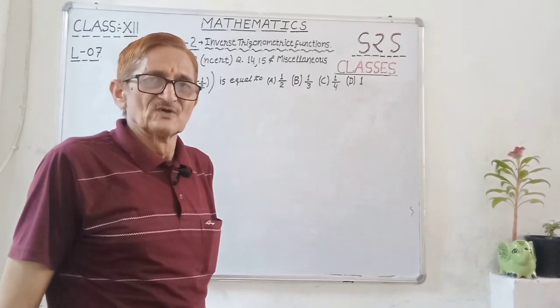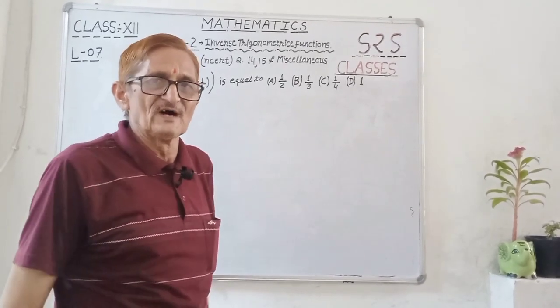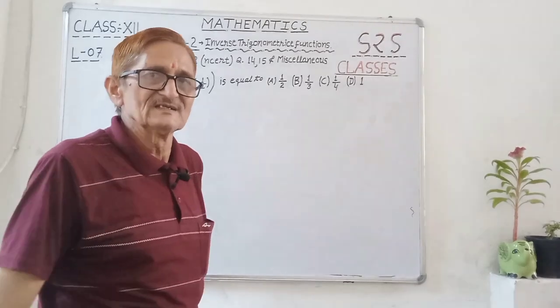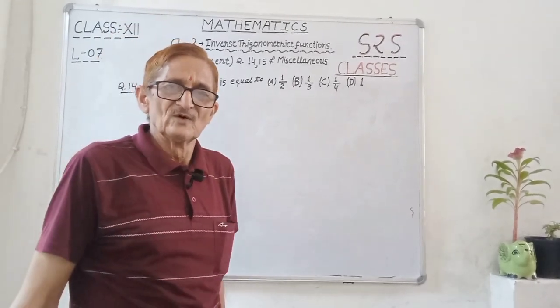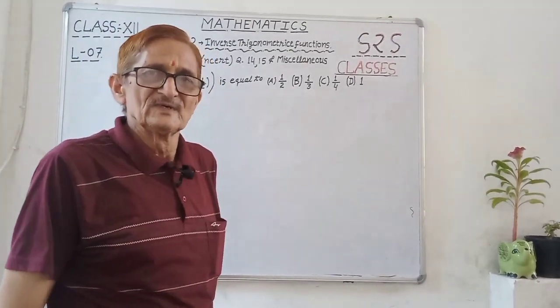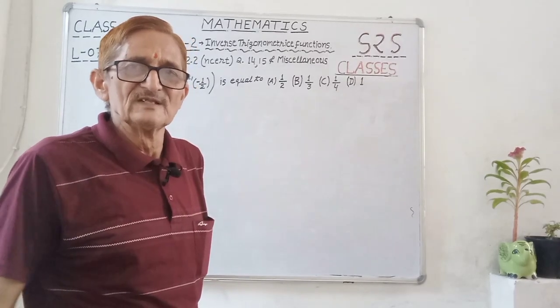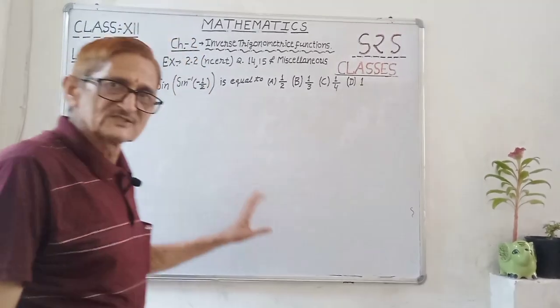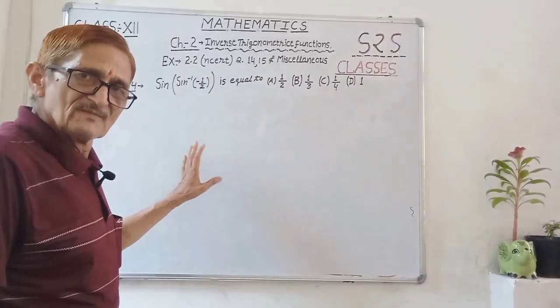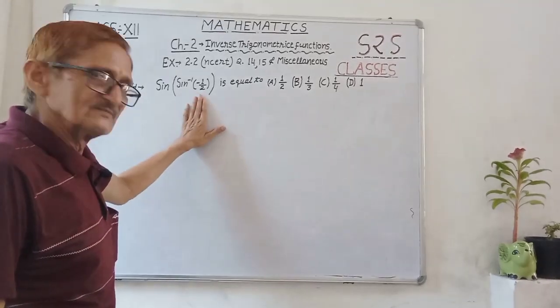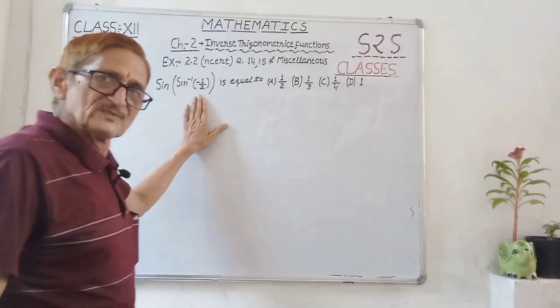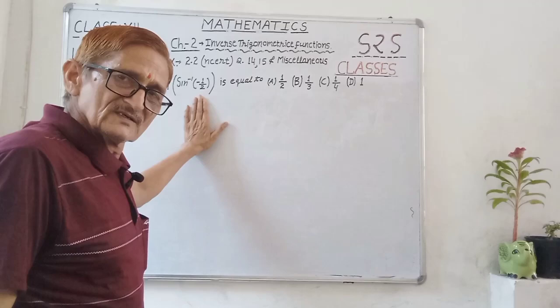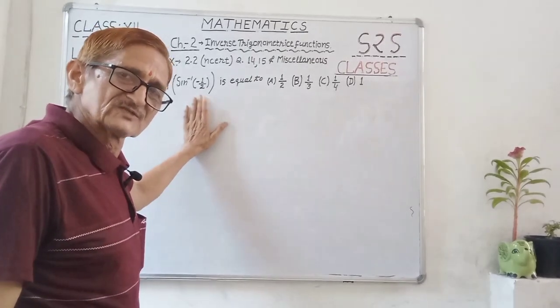In the third and fourth, because in the first and second sine is positive. So here, minus half will be in the third or fourth. But remember our branch, because sine inverse's value must be in the branch. So A must be in the branch.